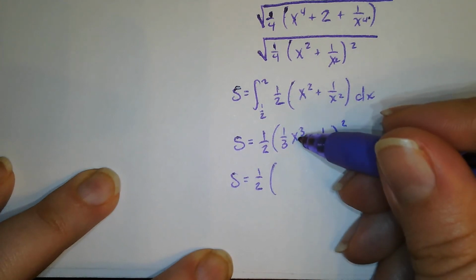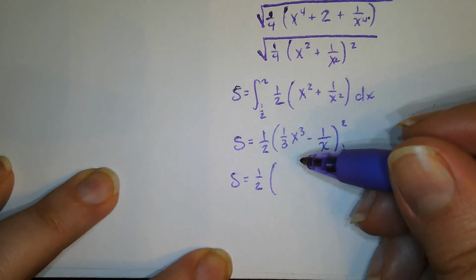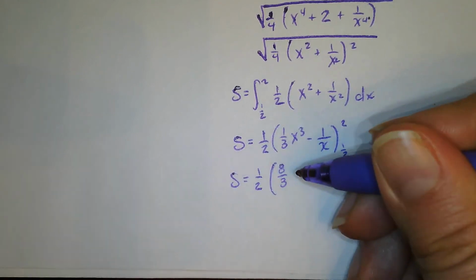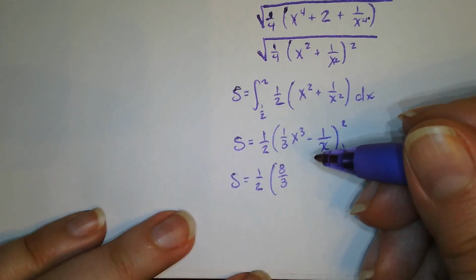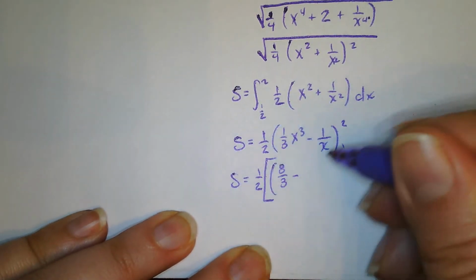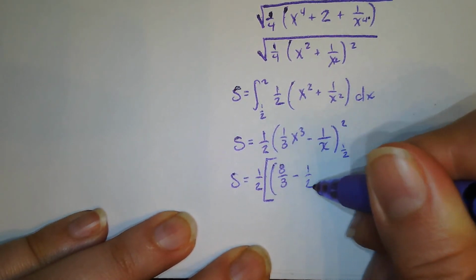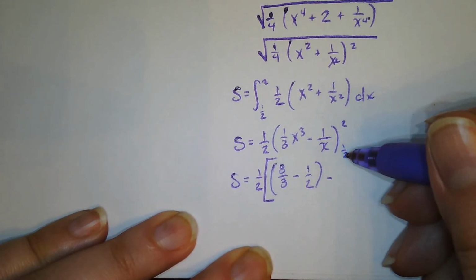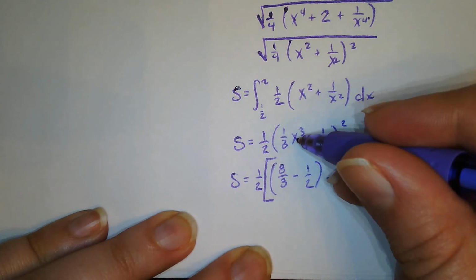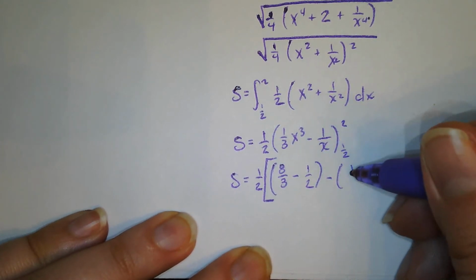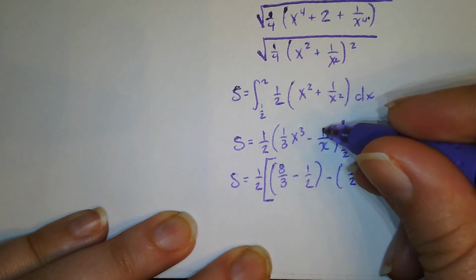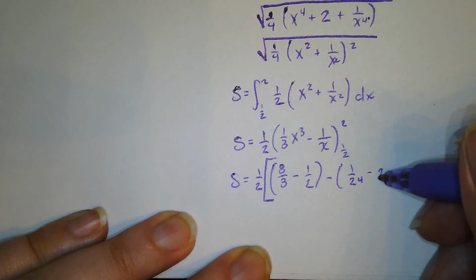So 2 cubed is 8, so 8/3 minus, so we're plugging in 2, minus 1 over 2, minus 1/2 cubed is 1/8 times 3, that's going to be 1 over 24, minus 1 over 1/2 is going to be 2.